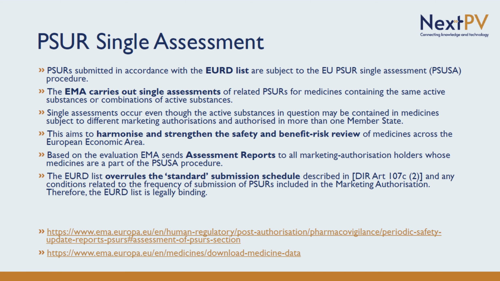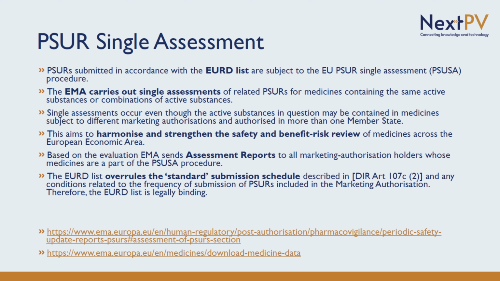PSUR Single Assessment. PSURs, submitted in accordance with the EURD list, are subject to the EU PSUR Single Assessment, PSUSA, procedure. The EMA conducts single assessments of related PSURs for medicines containing the same active substances or combinations, even if they are subject to different marketing authorizations and authorized in more than one member state.